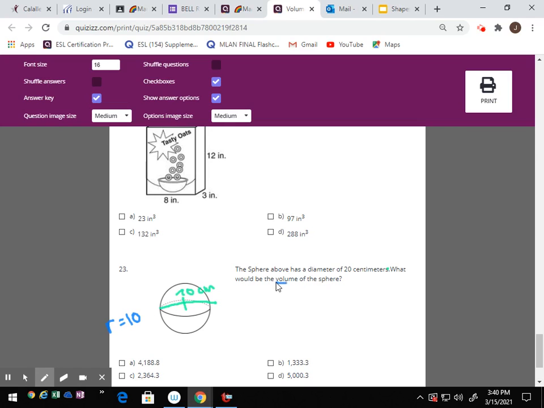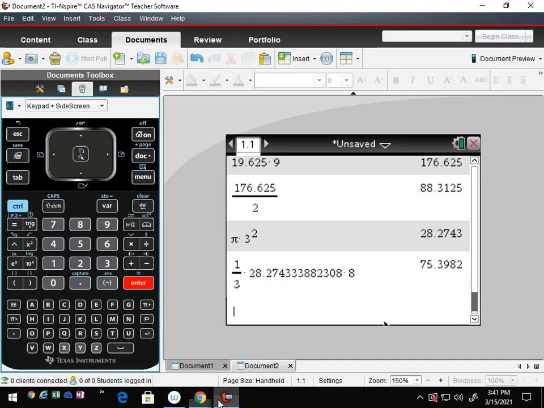Okay? So now we know our radius. We need the volume of a sphere though. So we know our volume formula is 4/3 pi radius cubed. We have 4/3 times pi times 10 cubed. All right, let's go to our calculator and figure out the answer.